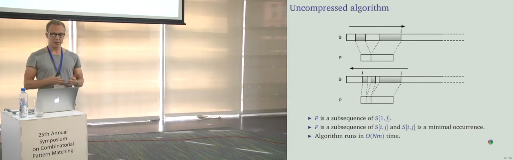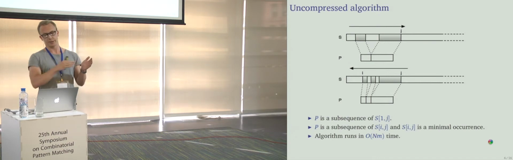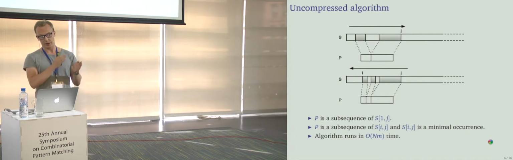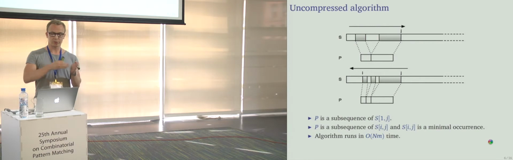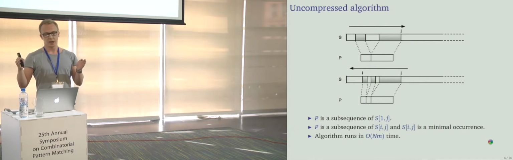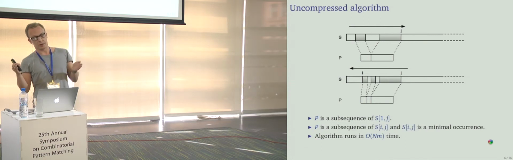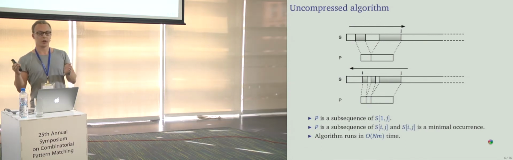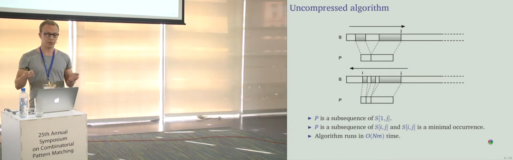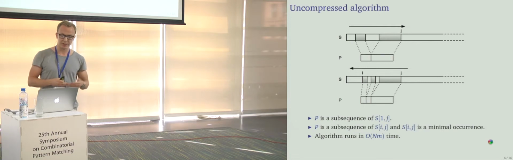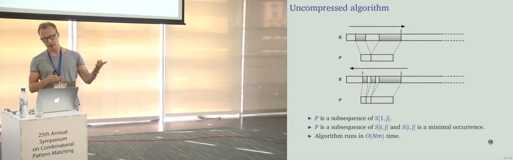If we're looking for a pattern P in the string S, we do a left to right scan of the string S, looking for each character of P. Once we've found an occurrence of P, we know that there's an occurrence in, for instance, the prefix of S, but in order to find the minimal occurrence, we do a right to left scan of P, starting from, in this case, the index J, and then we find a minimal occurrence of P, and this algorithm runs in time n times m.